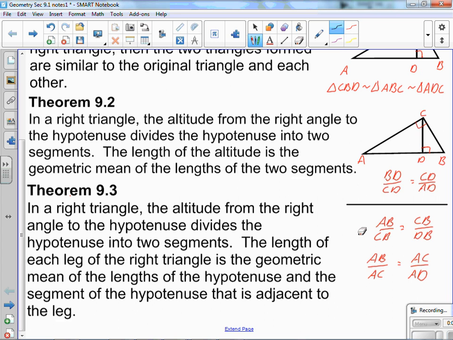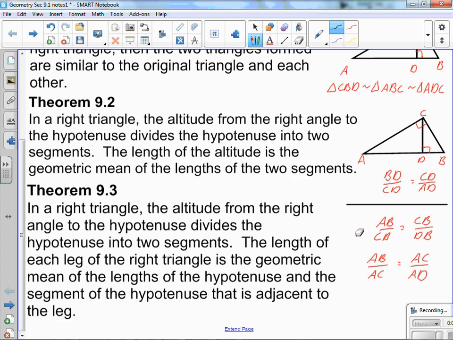And theorem 9.3, in a right triangle, the altitude from the right angle to the hypotenuse divides the hypotenuse into two segments. The length of each leg of the right triangle is the geometric mean of the lengths of the hypotenuse and the segment of the hypotenuse that is adjacent to the leg.